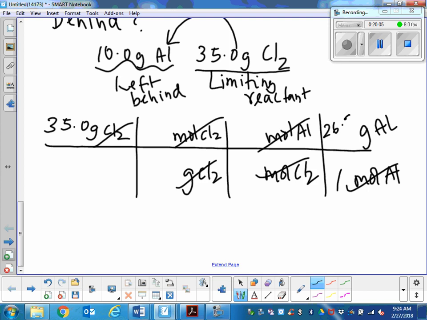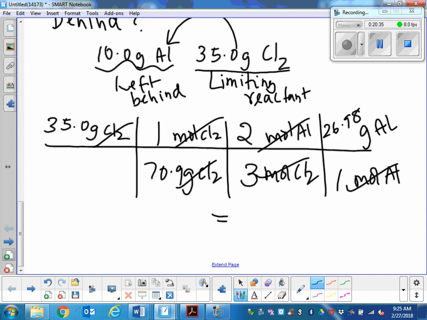Is that right? That will be 1. That will be 26.98. What is the ratio between chlorine and aluminum? Is chlorine a 3 and aluminum a 2? And then grams, that will be 70.9 and that is 1. What does this answer work out to be? That will be 2. So 6.